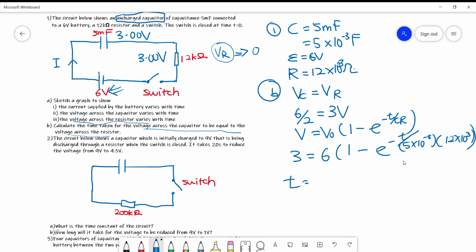The final answer is 41.59 seconds. So at this time, the potential difference across the capacitor is equal to the potential difference across the resistor. This is the way that we calculate it. So we have done question number 1. Let's move on to question number 2.